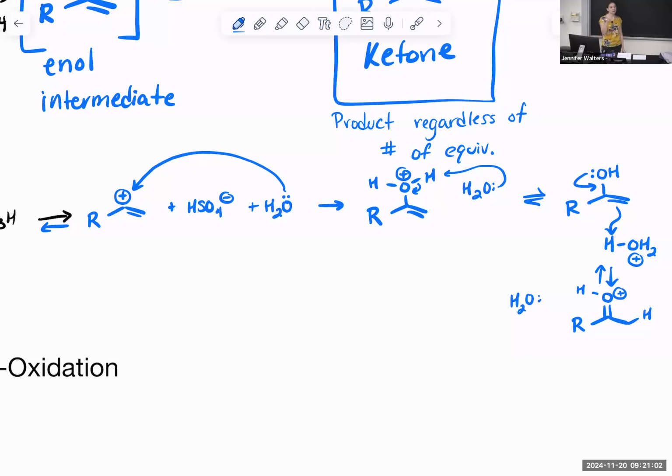I have that polarized bond there, so that oxygen with the lone pairs is going to fall down and push out the pi bond. And then water just deprotonates in order to get it neutral.